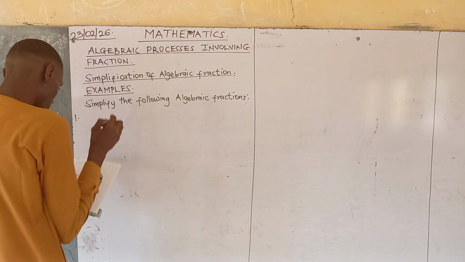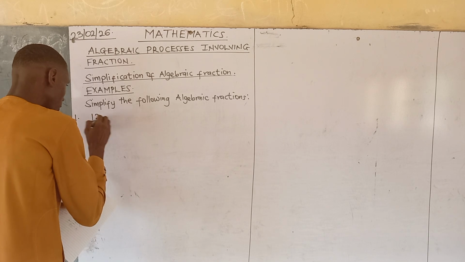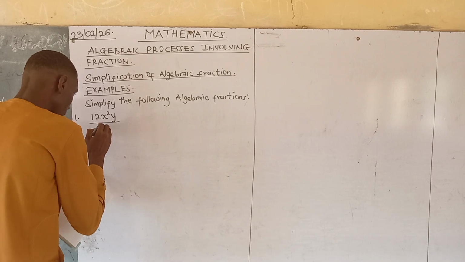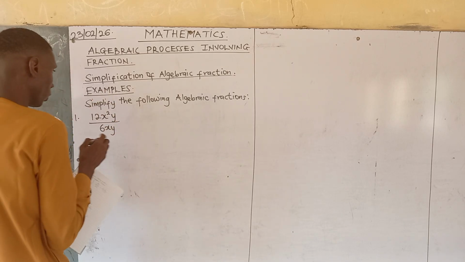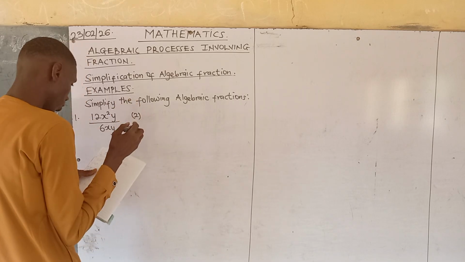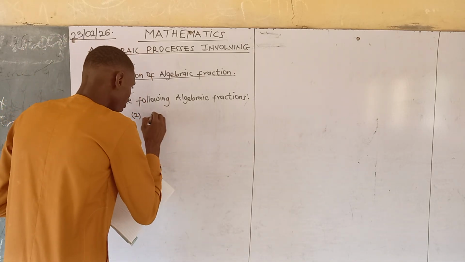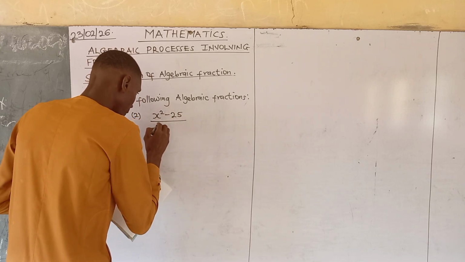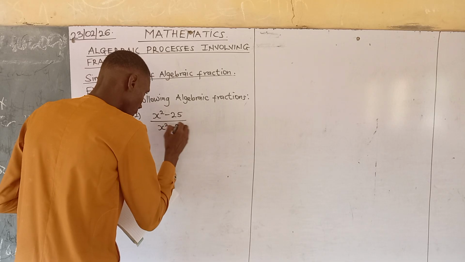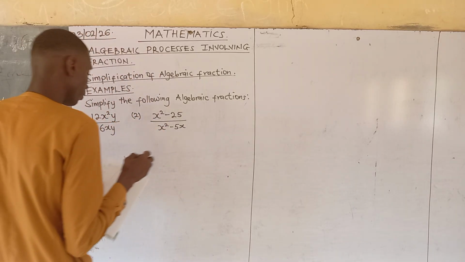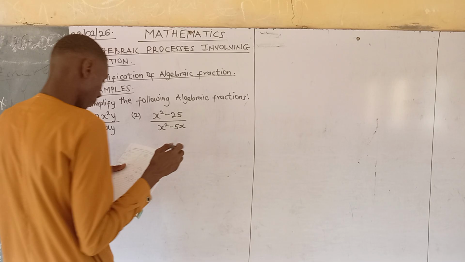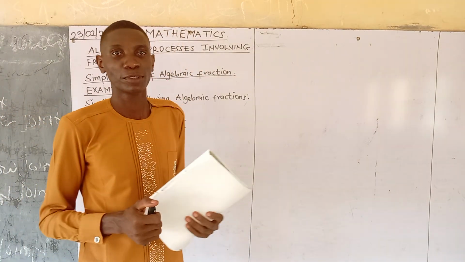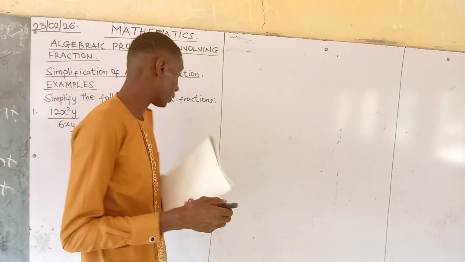Number 1, 12x squared y over 6xy. Number 2, x squared minus 25 over x squared minus 5x. Okay, so let's work on these two problems. So we are going to start now. Let's see the solution.